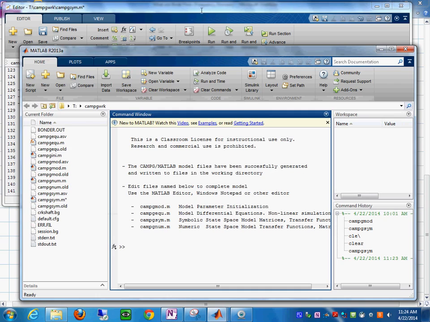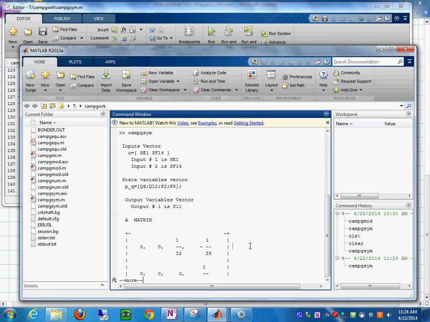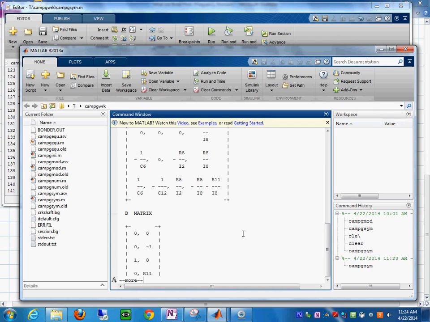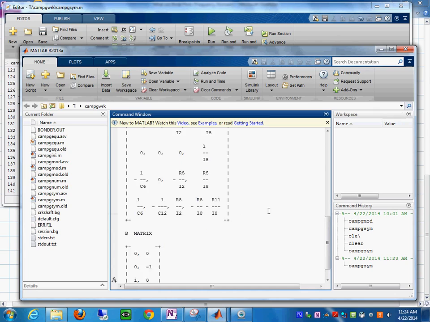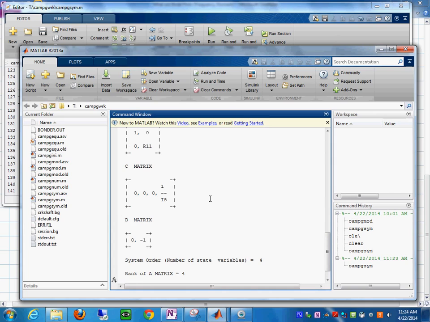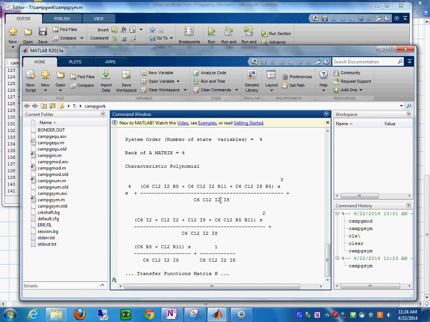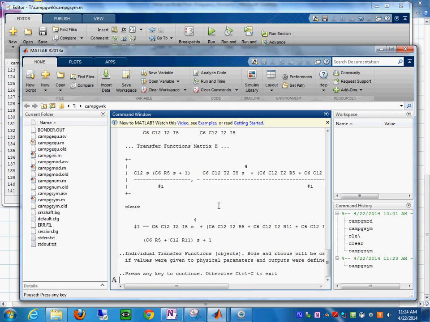Here, what happened? Did I run or not? Yeah, there you go. So the computer automatically derives the state space form for me in symbolic form. There is the C and the D matrix. There is only one. And then, of course, this is my transfer function, which is derived in symbolic form. And it has the transfer function matrix.